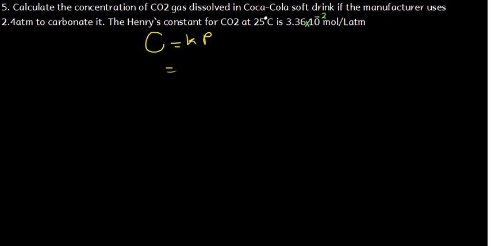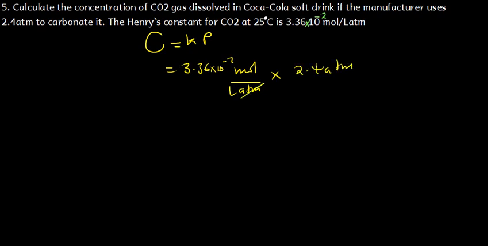So here we've been given the Henry's constant, which is 3.36 multiplied by 10 to the power negative 2 mole per liter atmosphere, and we are multiplying this by the pressure. The pressure has been given as 2.4 atmosphere above the solution.